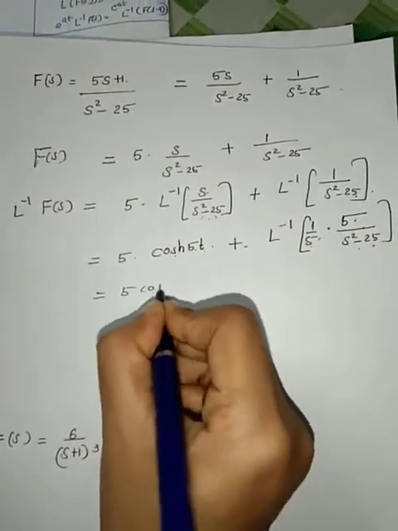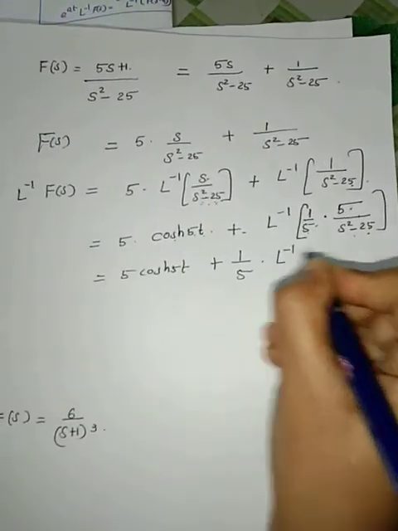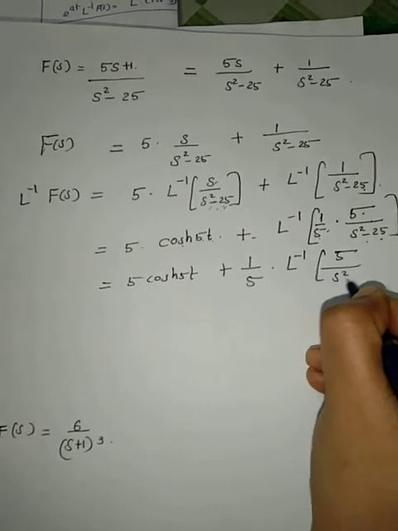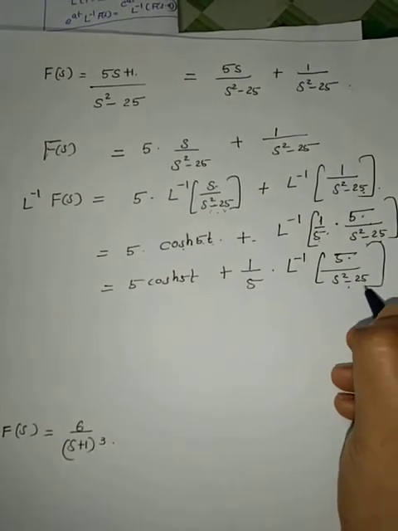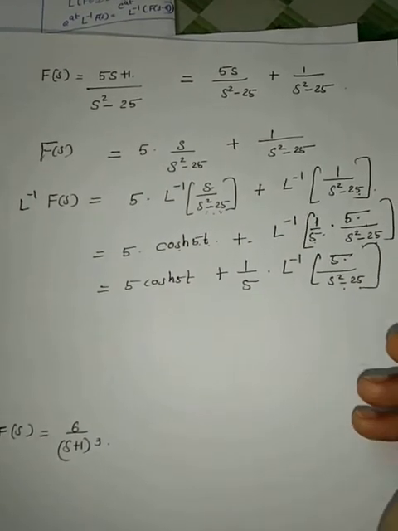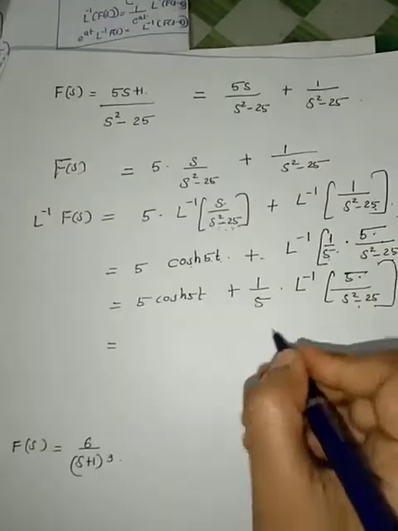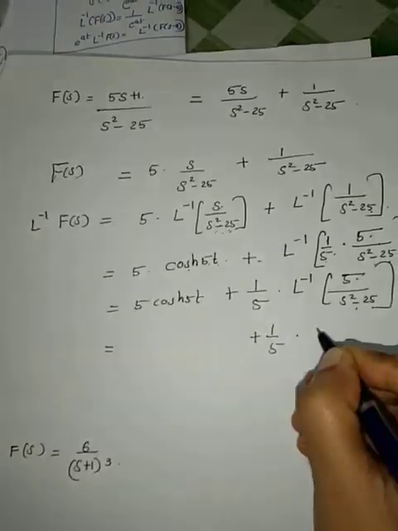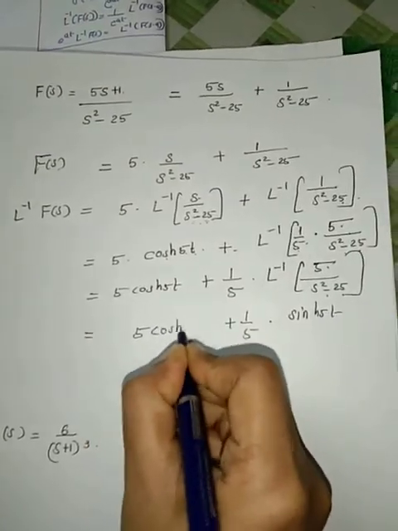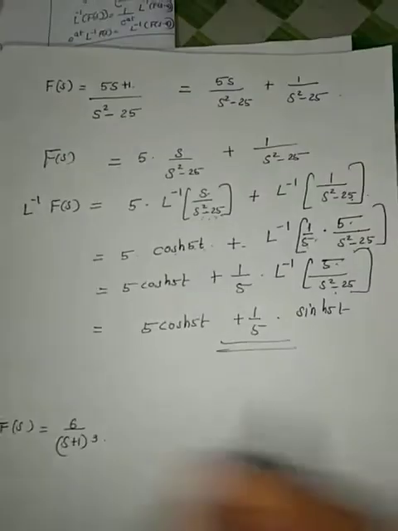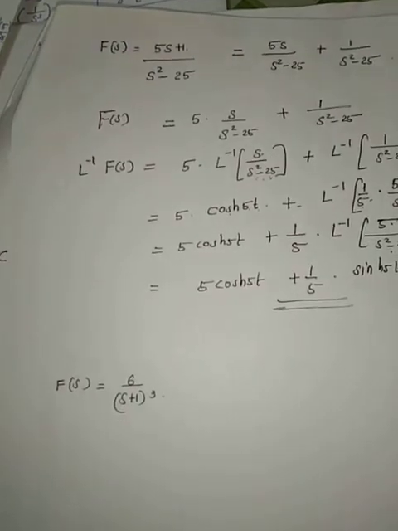We can take 1 by 5 outside since it is a constant, that is L inverse of 5 divided by s square minus 25. Therefore, it is of the form a divided by s square minus a square. We know that L of sinh at is a divided by s square minus a square. Therefore, it is 1 by 5 into sinh 5t. So the inverse transform of F of s is equal to 5 cosh 5t plus 1 by 5 sinh 5t.